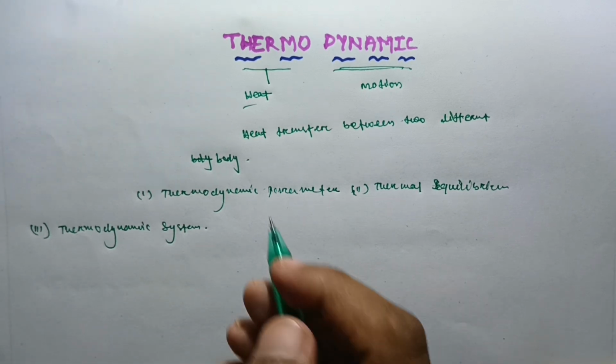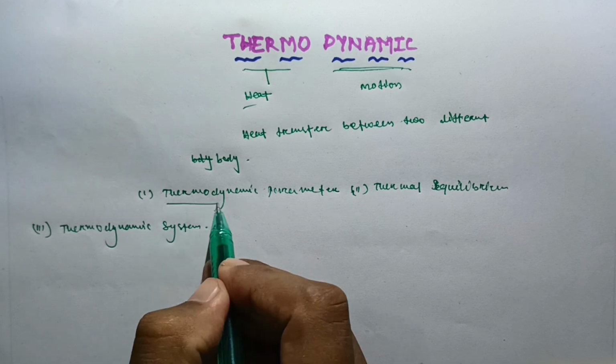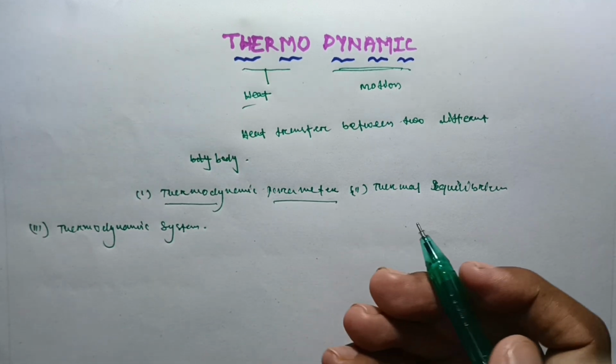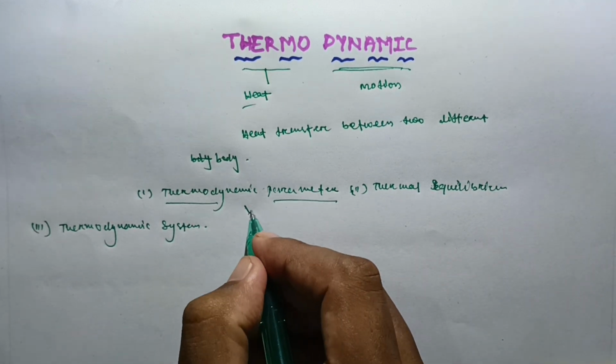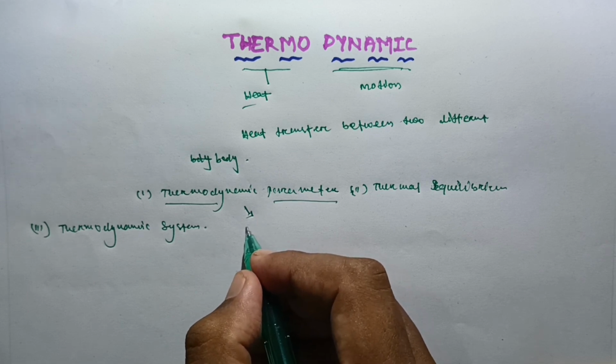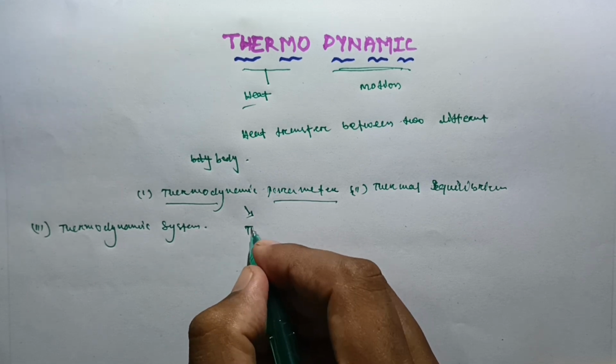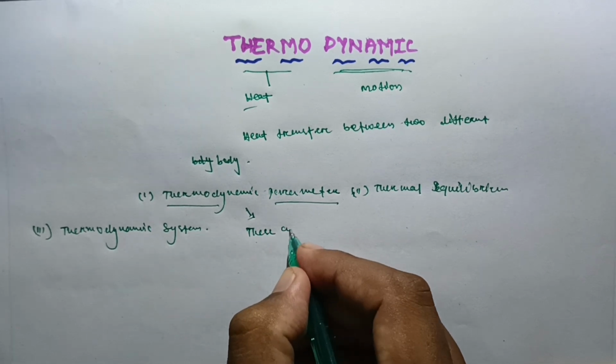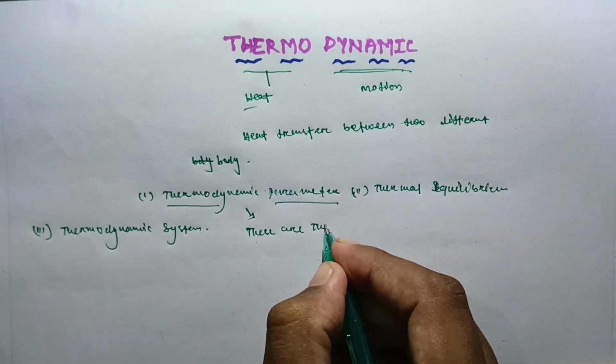So first, thermodynamic parameters. Mainly these are three types.